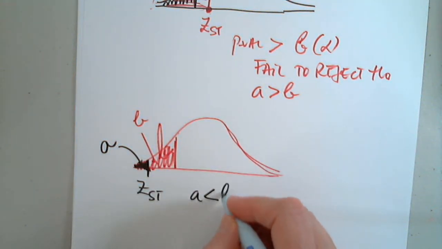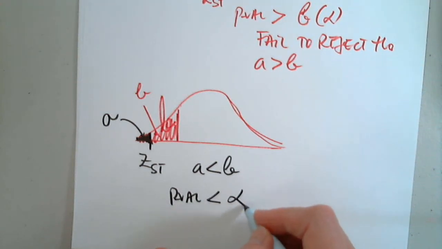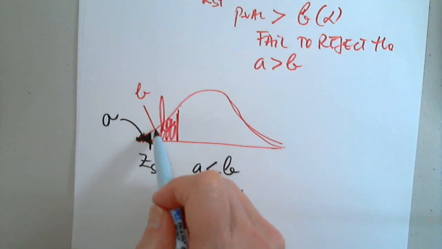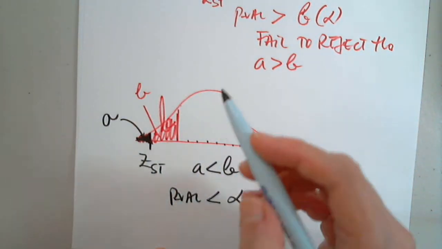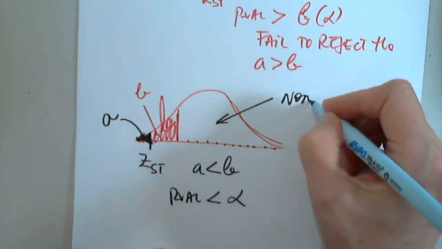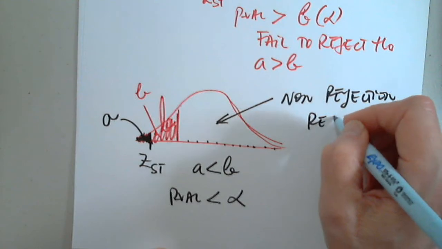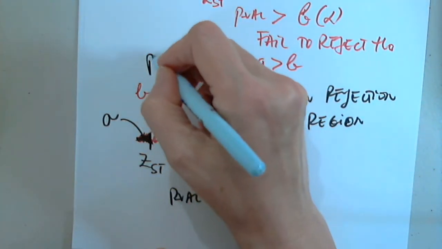So A is much smaller than B. In other words, the p-value is smaller than alpha. So since the z statistic fell in the rejection region, not in the non-rejection region. So this is the non-rejection region. This red area is the rejection region.